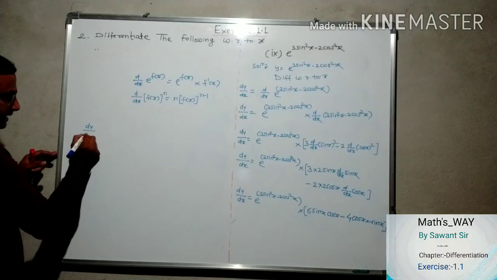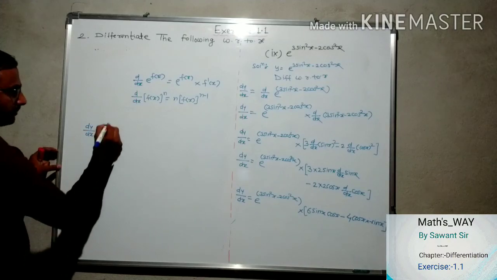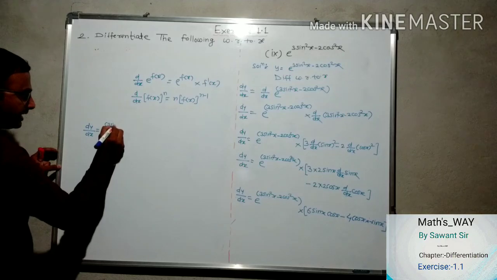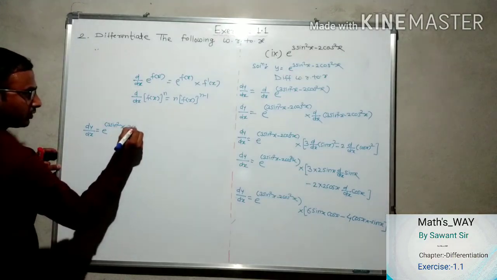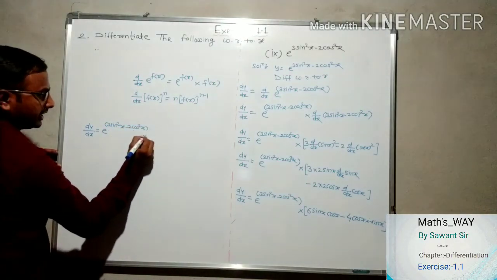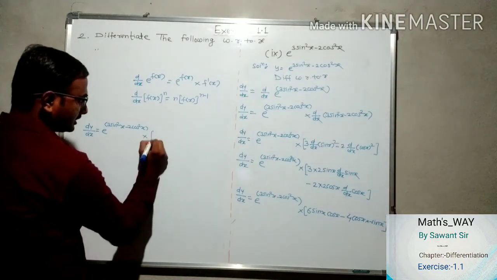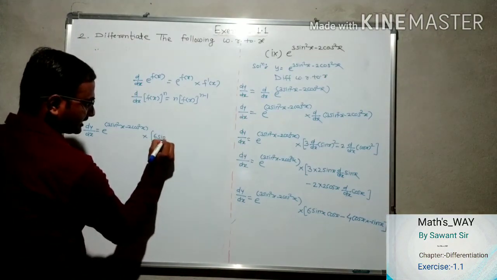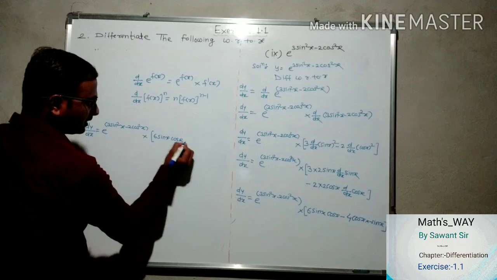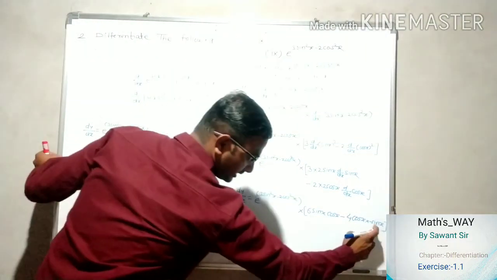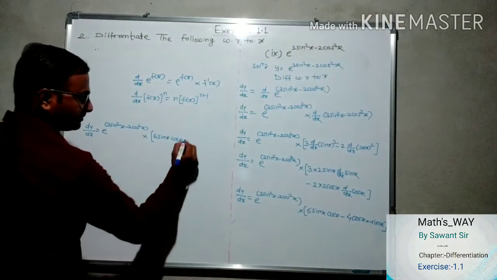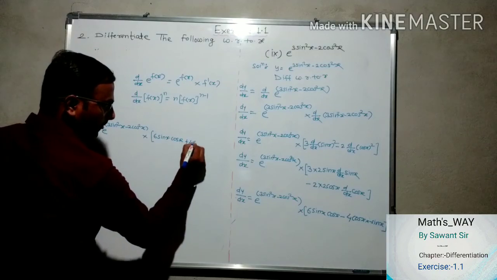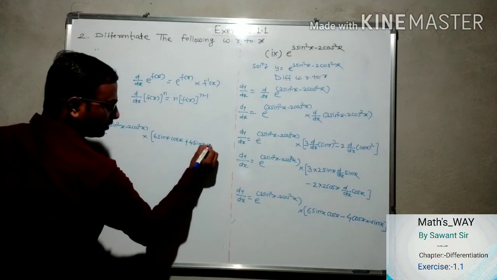dy by dx is equal to e to the power 3 sin square x minus 2 cos square x as it is, into 6 into sin x into cos x, minus this minus and this minus is plus 4 sin x into cos x.